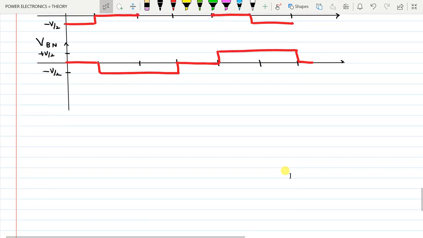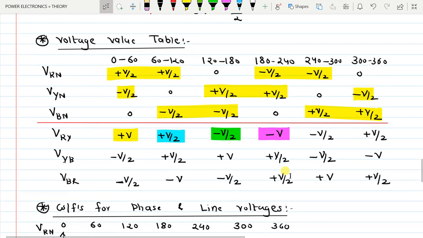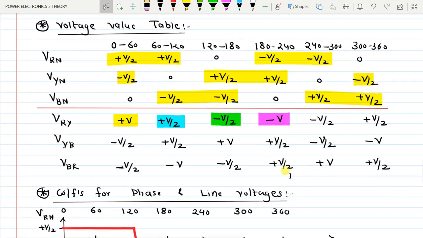Similarly, we draw the waveform for line voltages. Line voltages have four values: plus V, minus V, plus V by 2, and minus V by 2.